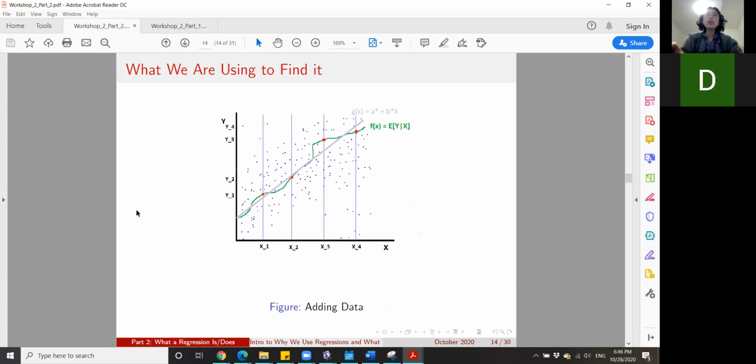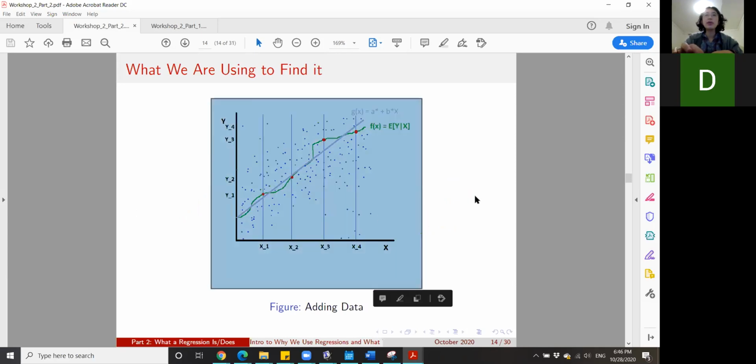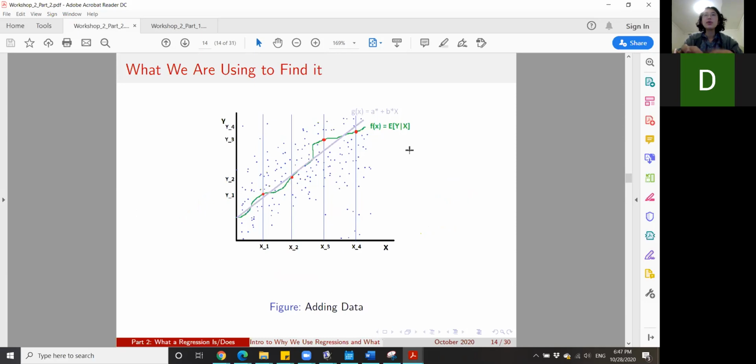So when you're thinking about an actual regression, what you're trying to do is find this purple function here using some data. Here I've drawn a bunch of random blue points. They're supposed to represent data points, and to match what the conditional expectations or densities looked like earlier. So you've got some data, and you're trying to find the line of best fit for that data.